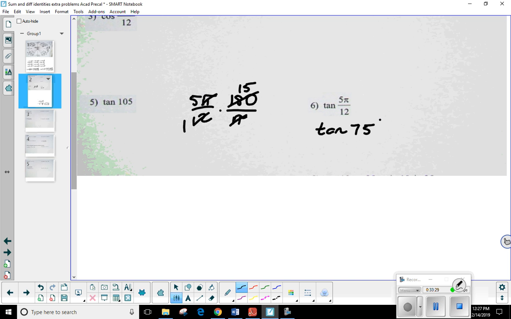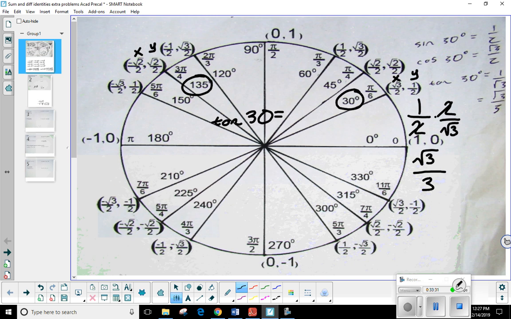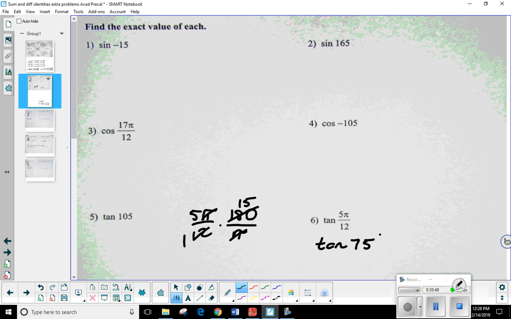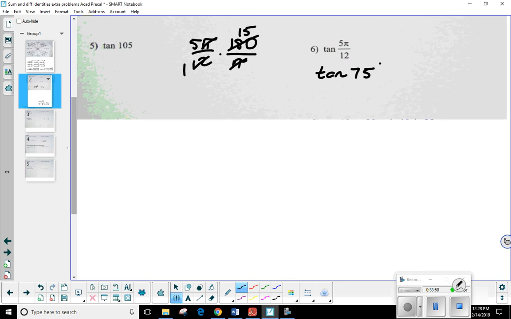Okay. So now, Rozzy, I need two values that will add or subtract to give me 75. 45 and 30. That's exactly right. So in order to simplify this, just like we've been doing all day, I'd go ahead and say tangent of 45 plus 30. And see, here's your alpha, here's your beta. Okay. And then what would we do from here?